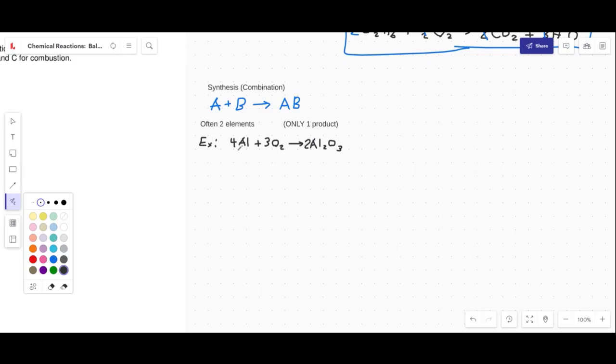So the coefficients aren't always 1, they can be lots of different things, but that's an example of a synthesis reaction. Okay, let's take a look at the next type. So that's type number 1.